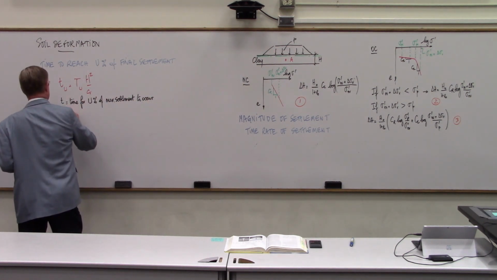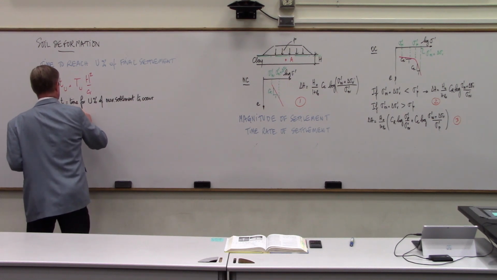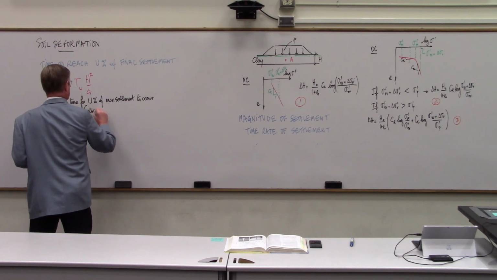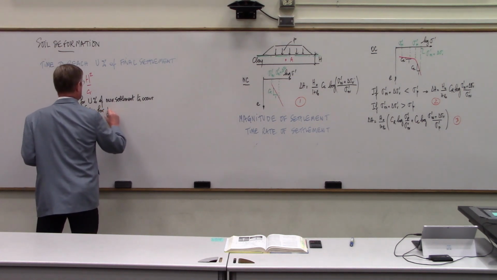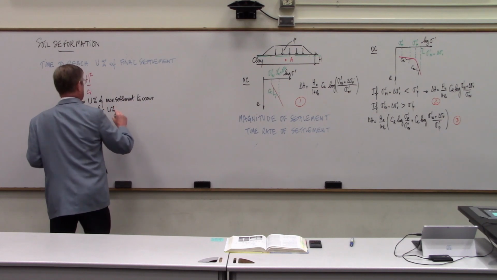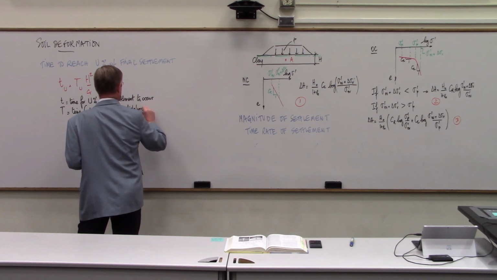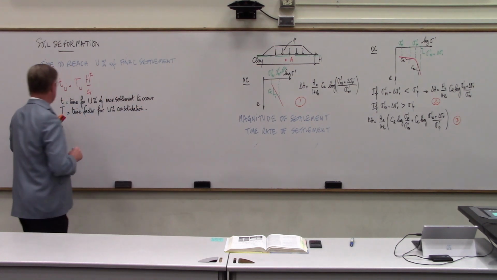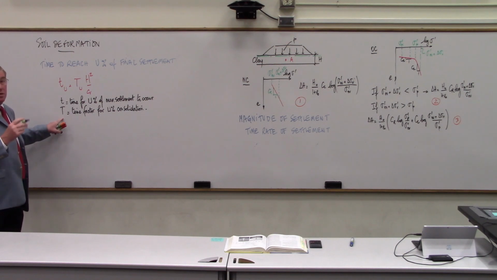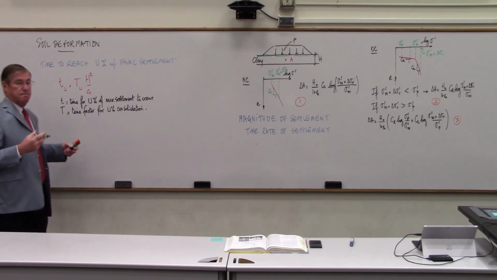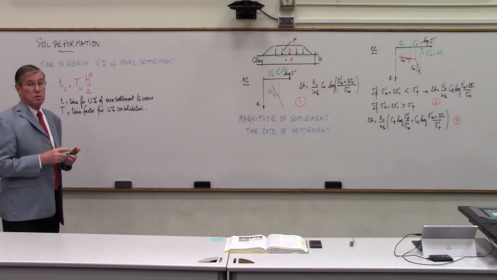Capital T is the time factor for U% consolidation. Same thing. And basically, this T, this time factor, is the solution to the differential equation.